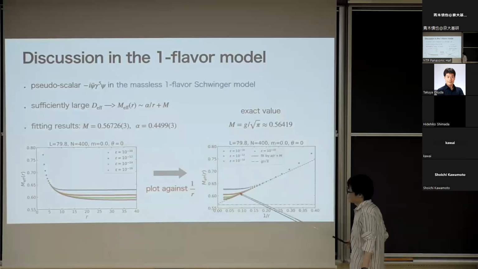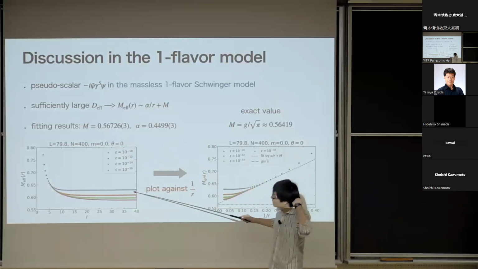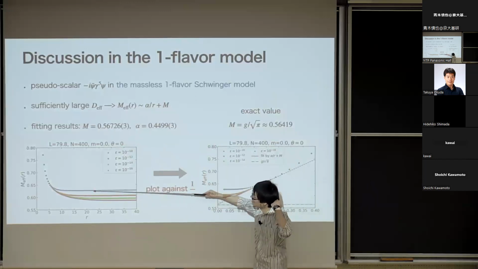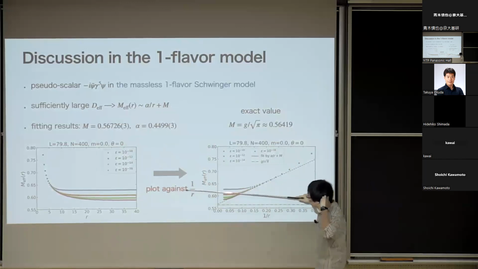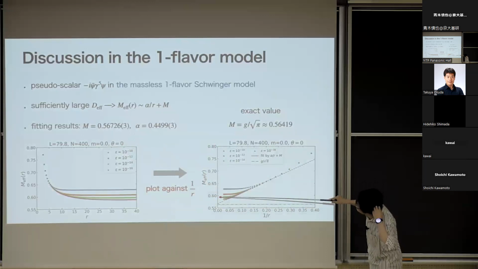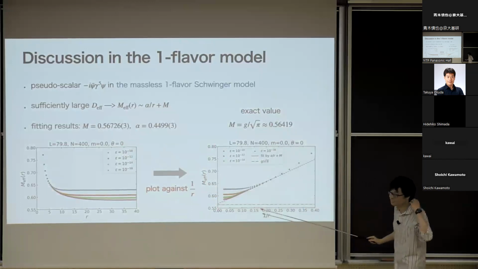If we regard the plateau value of the least precise one, we get maybe around 0.63. So it's much farther away from the exact value.